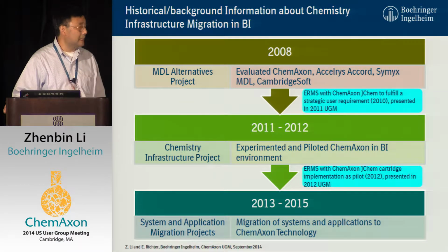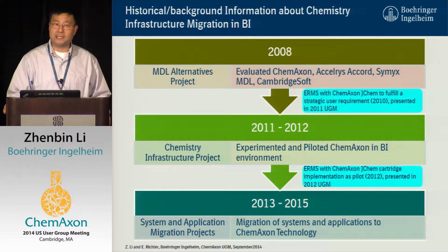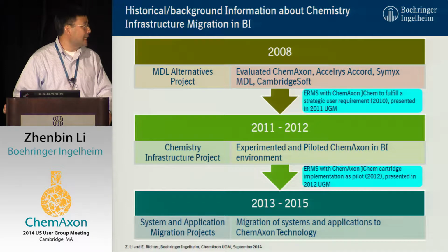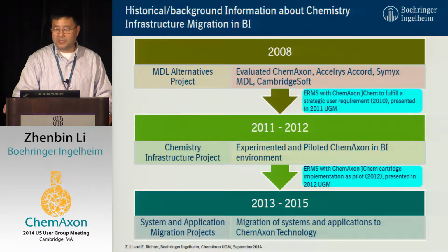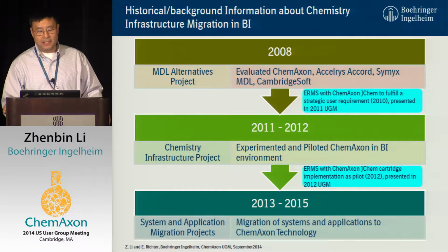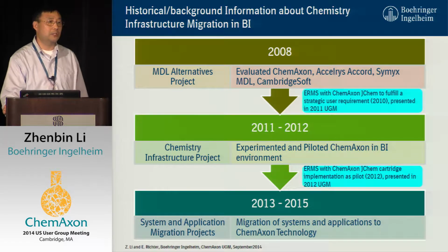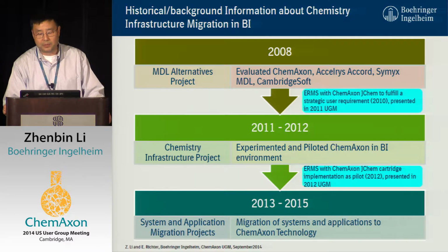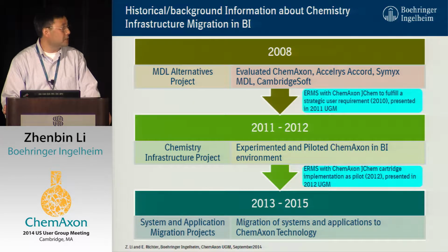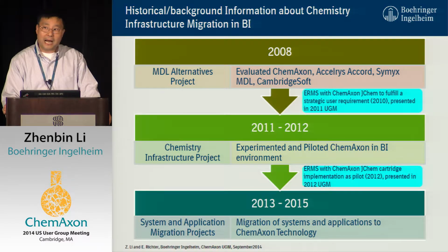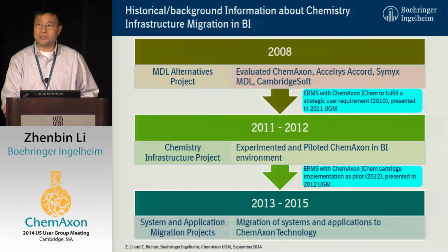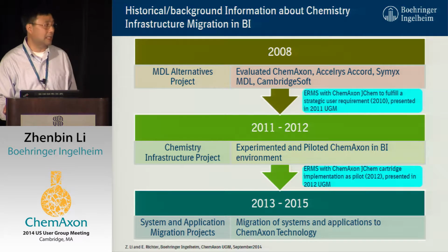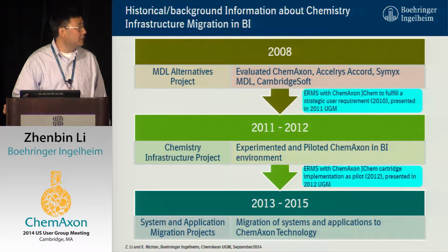After that, in 2011 to 2012, people started to realize the technology, and we decided to go for an in-depth evaluation of ChemAxon technology in our environment, to really get an understanding of how much cost we were talking about. Again, we used ERMS as a pilot project to introduce the cartridge and all this ChemAxon technology and see how much time we needed.